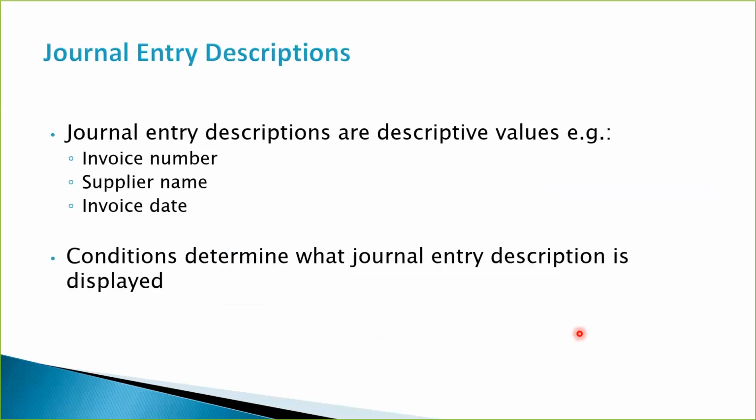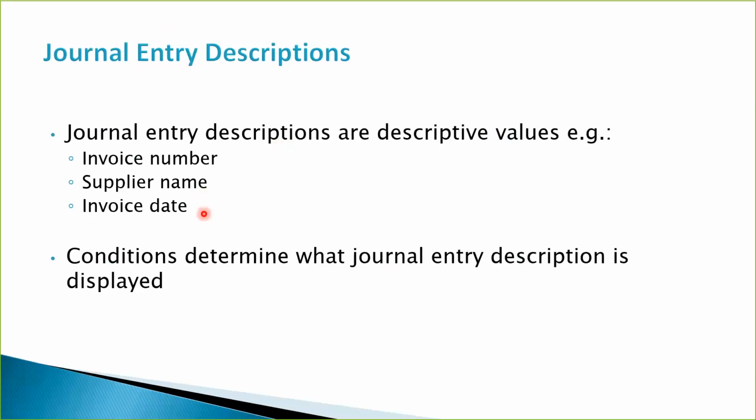So when we are defining our journal entry descriptions, we can customize them so that we can determine what information will be displayed in that description. As we have seen, some of the information we can have there is the invoice number, the supplier name, the invoice date, okay?